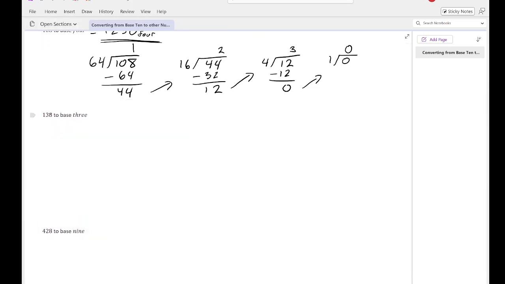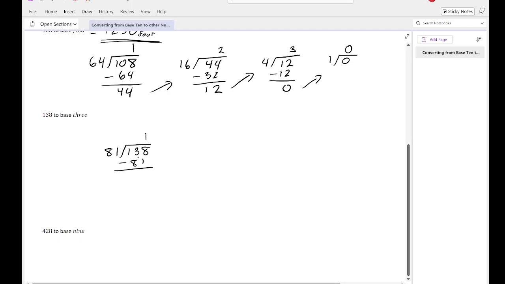So I have 138 to base 3. I'm working with powers of 3. What power of 3 can get me close to 138 without exceeding it? It's going to be 3 to the fourth power, so 81. 81 into 138 goes one time.